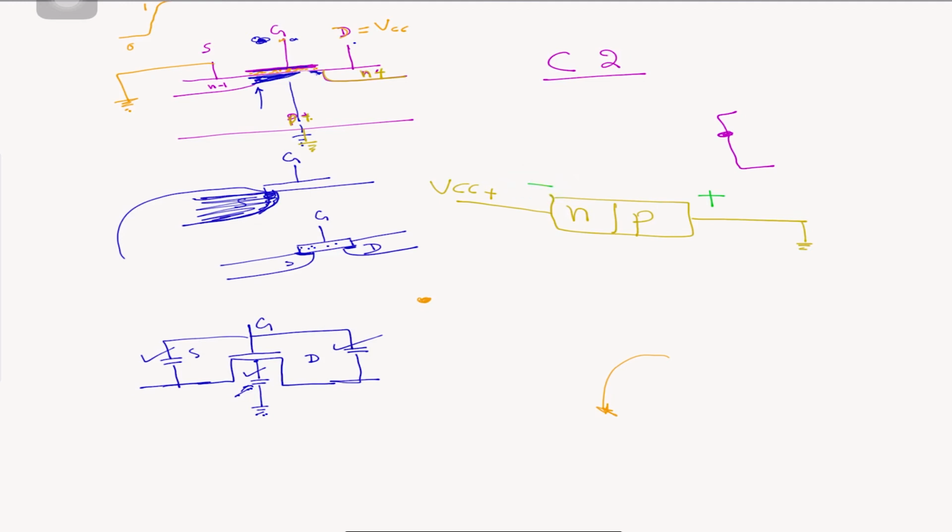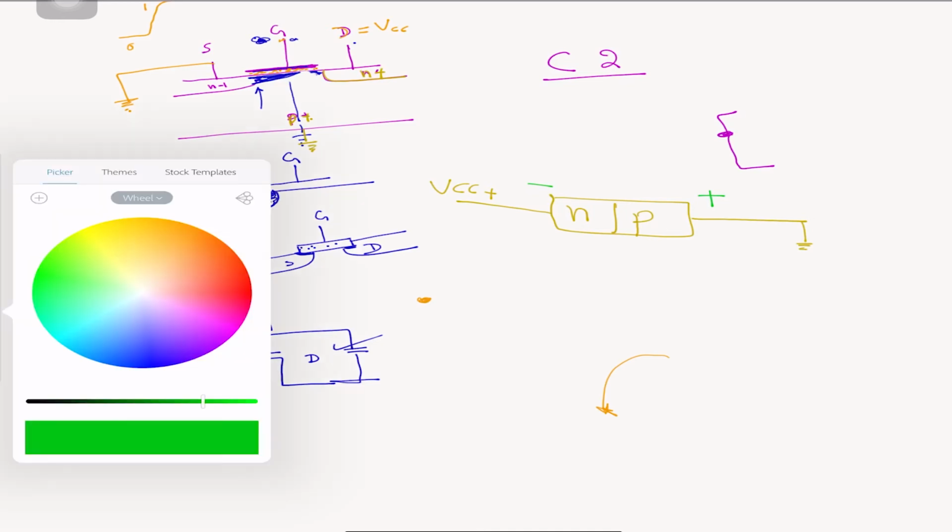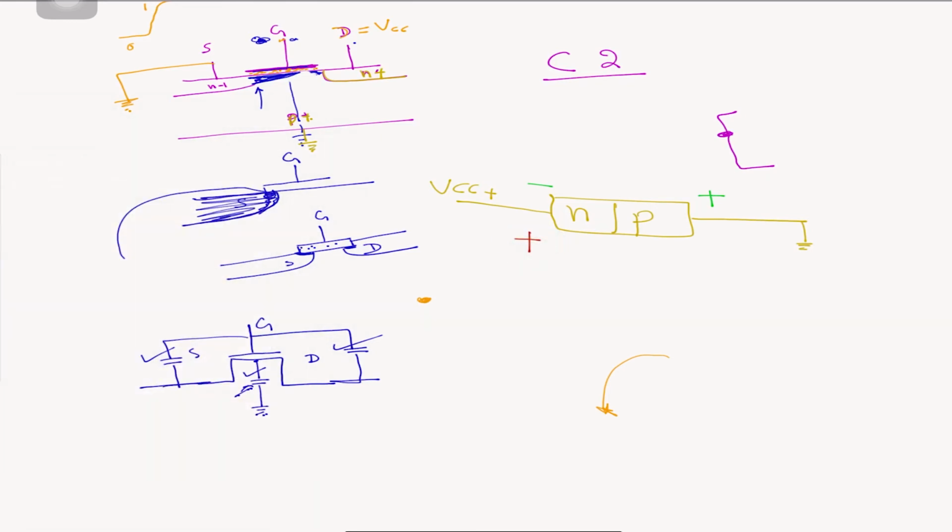This is called forward bias, the current passes. However, when N is at positive and P is negative, you will have a reverse bias. The other one was forward. And when the diode is in reverse, the current doesn't flow through it.